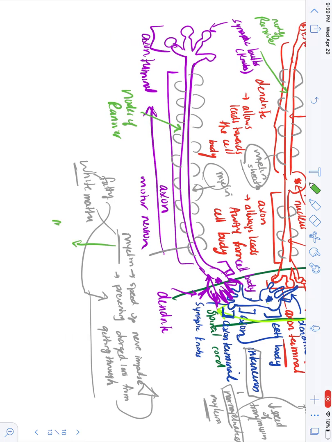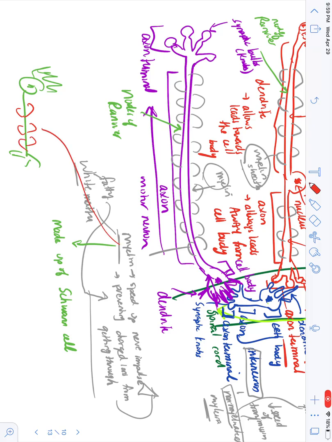Now, the myelin that I just drew in green is actually made up of what we call a Schwann cell. So you have the neuron, which I drew, that weird looking neuron, but then you have the myelin that surrounds it.